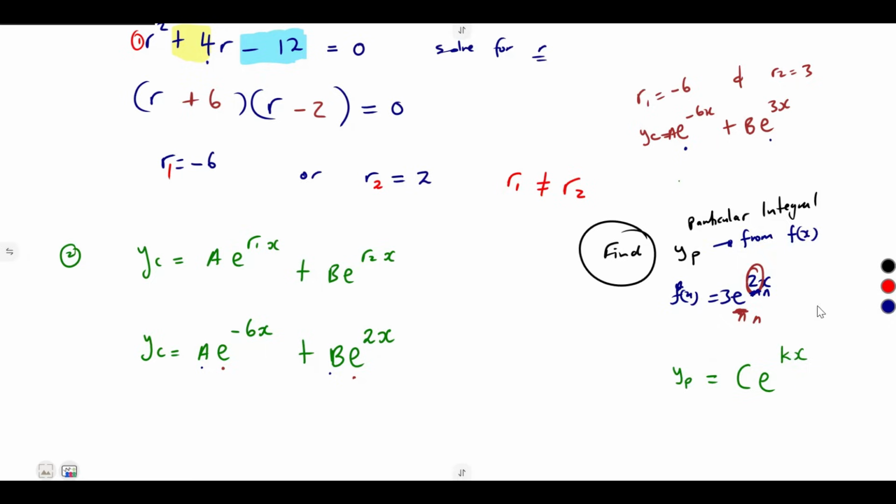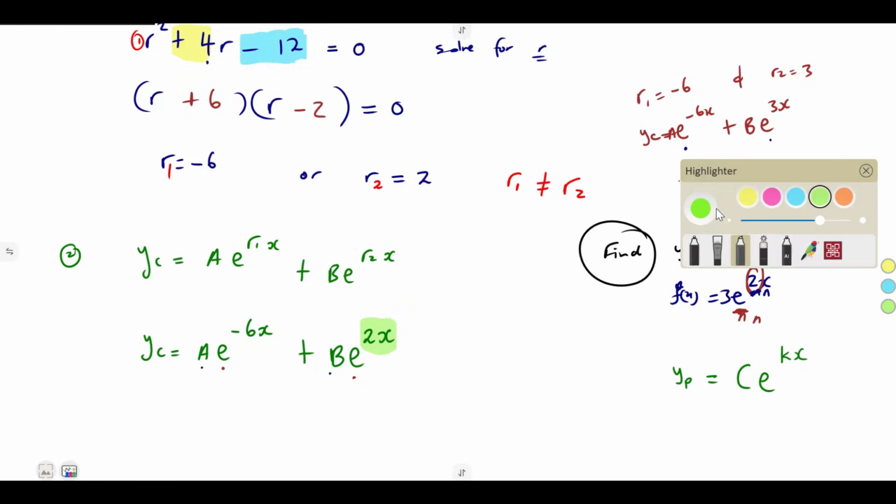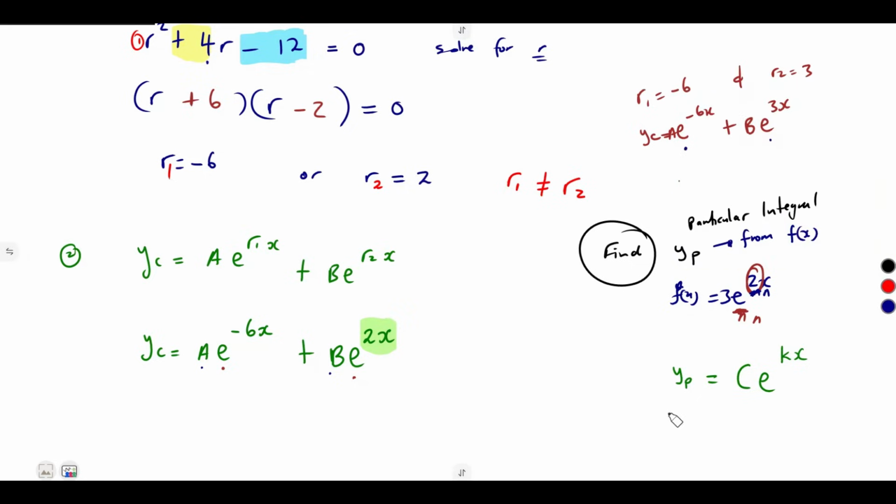But in our case, e to the exponent of 2x is the one that is making a difference. This one being the same, to say your f of x and this part of your complementary function, there is something common. Once you see that, you are going to adjust your yp. So therefore, our yp is going to be given as cx.